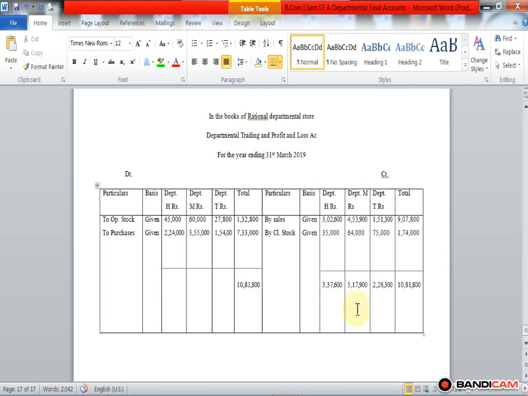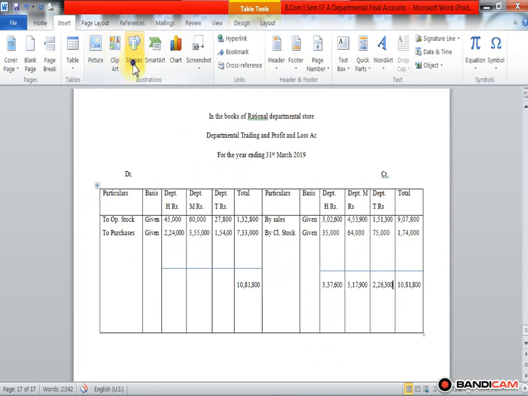So credit side is more than the debit side. We get a gross profit of the Rational Departmental Store.